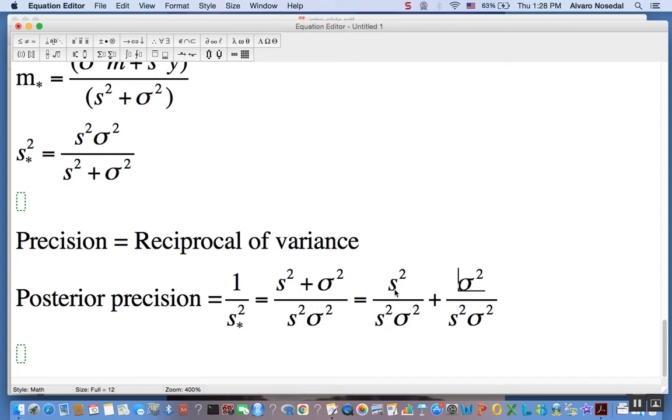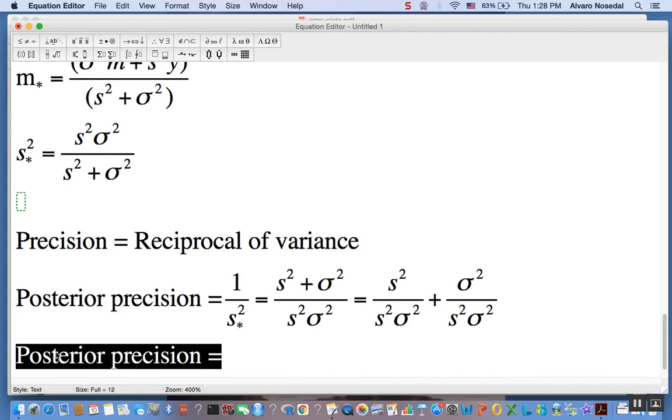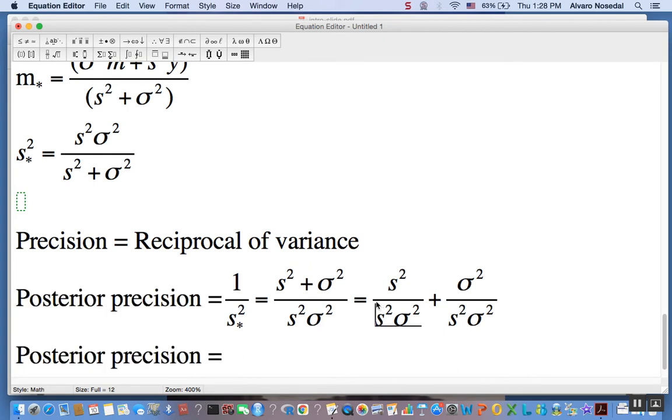If we have this, we can simplify. If we divide by s squared here, these two guys cancel out, and these two guys cancel out here.